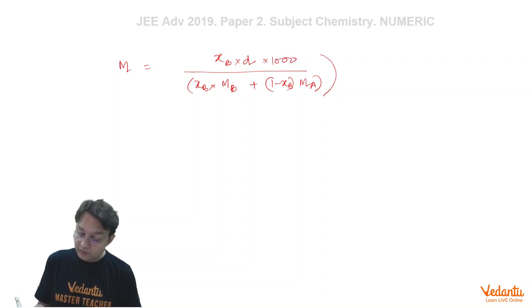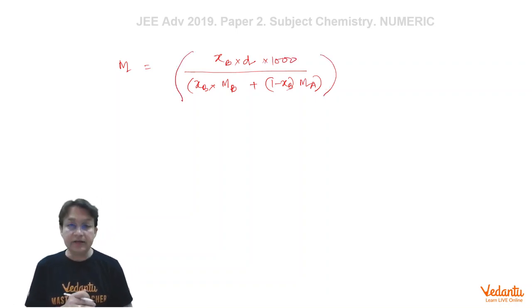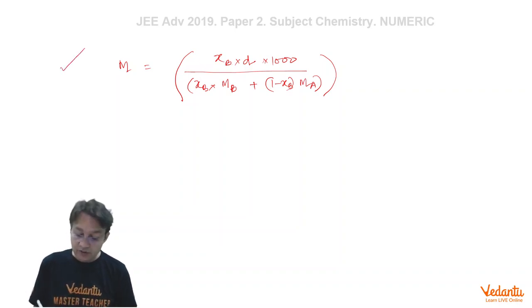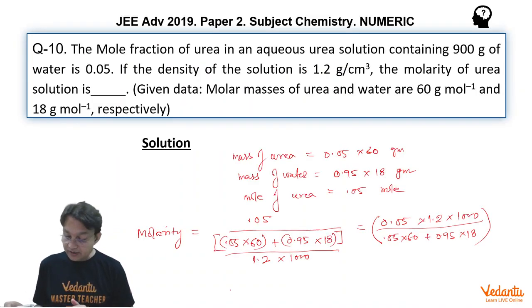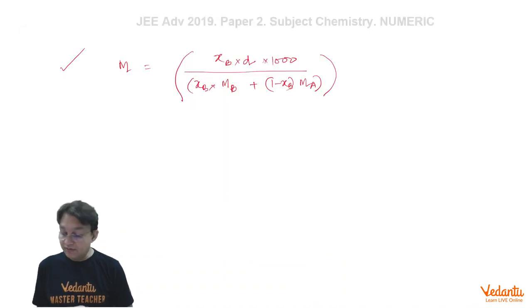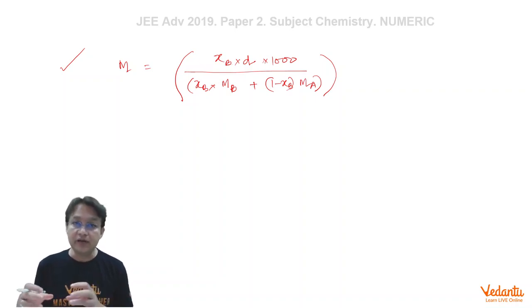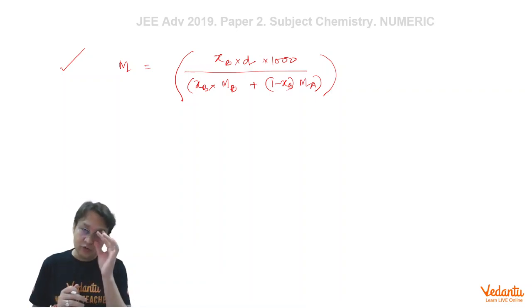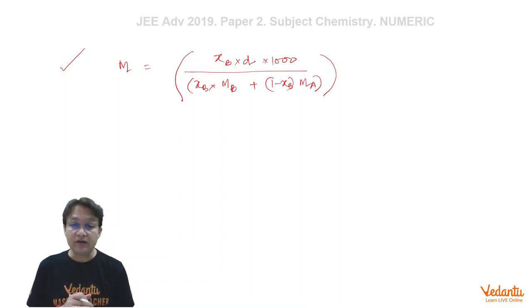So that is the formula through which we can immediately get the value of molarity. Basically the same thing we have done before. We can do it simply in the form of the formula. It is not advisable to remember this formula. Do it with the basic method, but nevertheless you can relate molarity to the mole fraction as well. So that will be the expression.